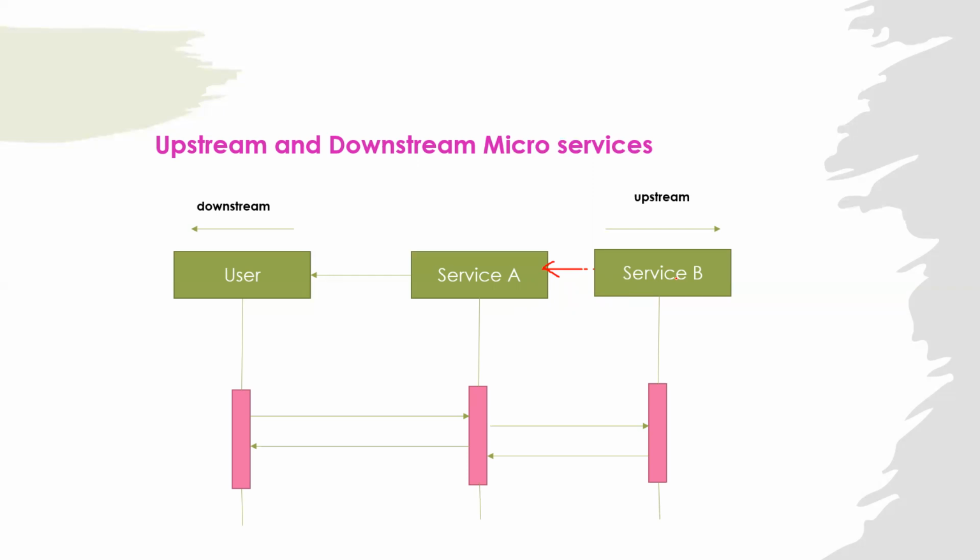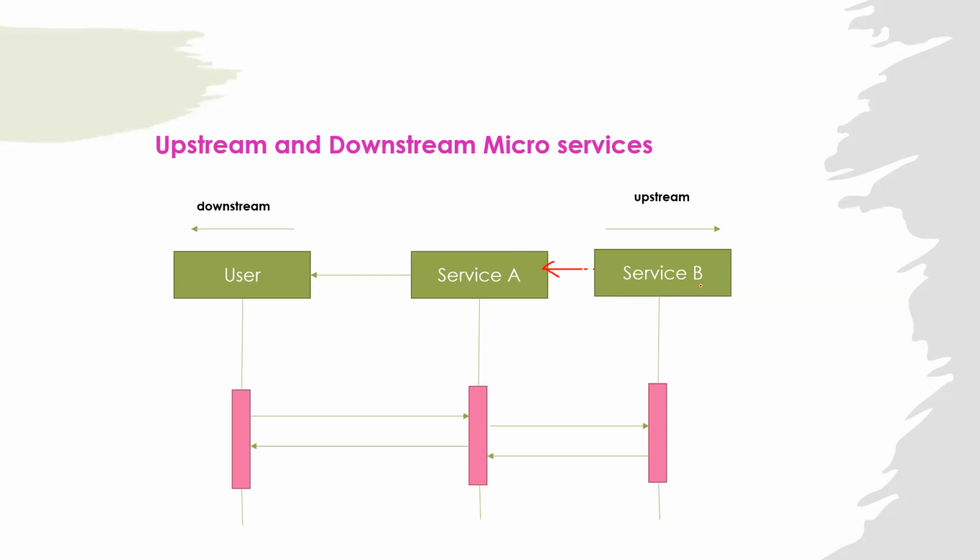So service A is the downstream service since it adds to the value of service B. From this viewpoint, B is upstream and A is downstream.